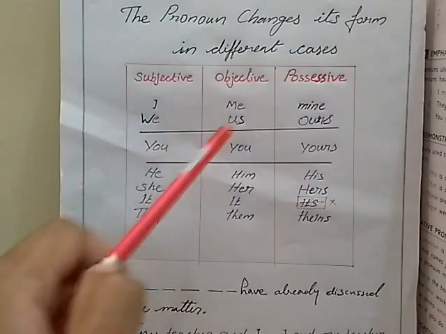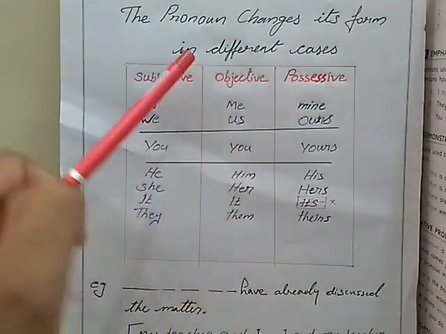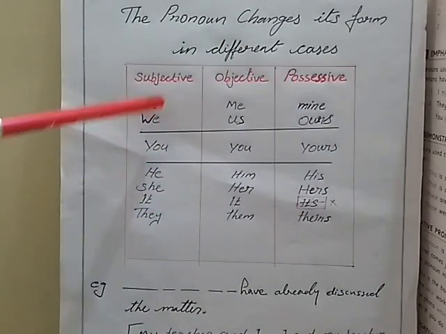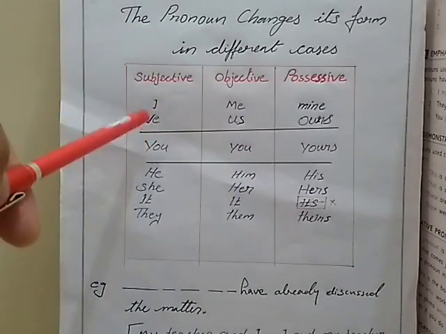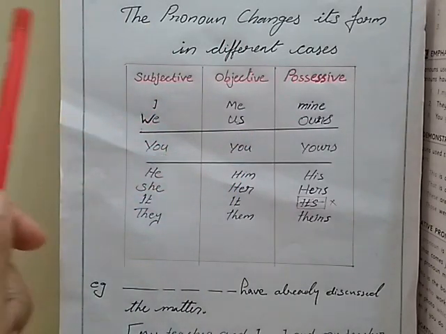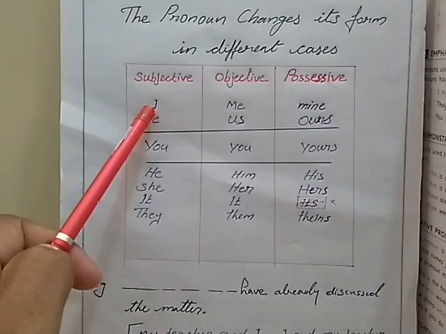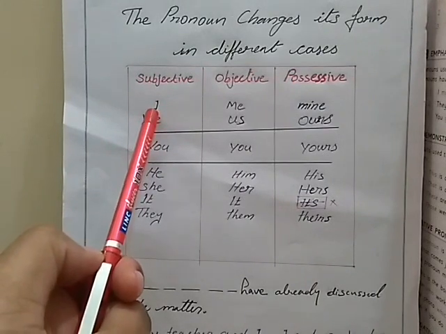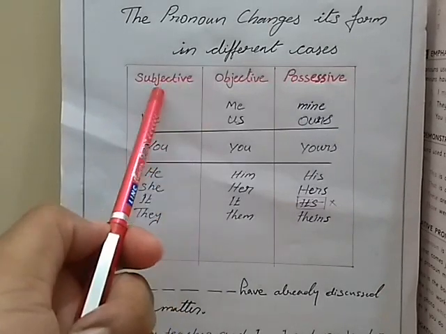Now you can see here the pronoun changes its form in different cases. The same thing is given there in the text with singular and plural separately in different columns. You can observe in the text. I, coming at the beginning of a sentence as the subject, is the subjective case.